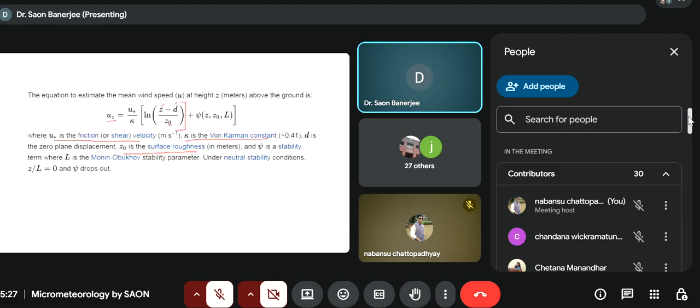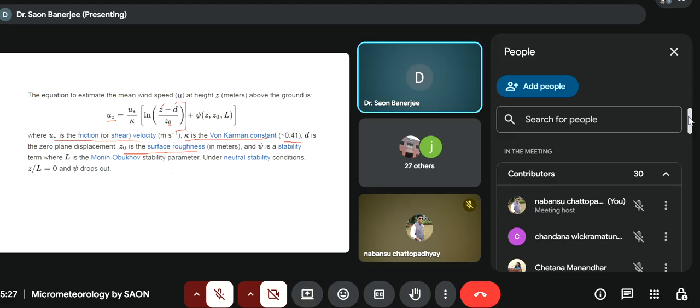So for that, you can get the wind speed at different heights, and K value is 0.4. So we can measure the wind speed with the equations for different heights.